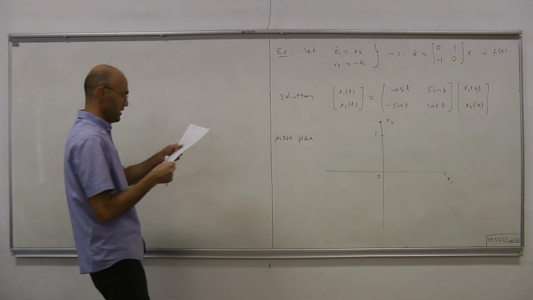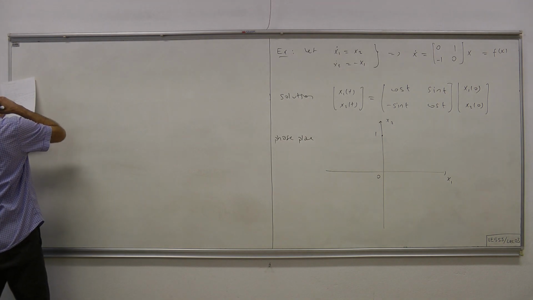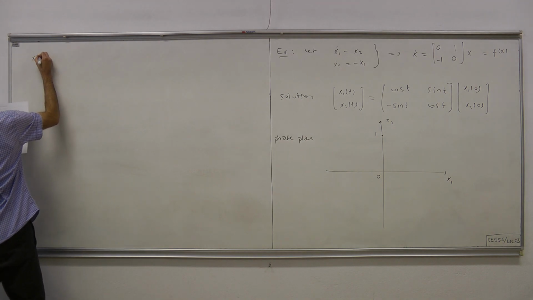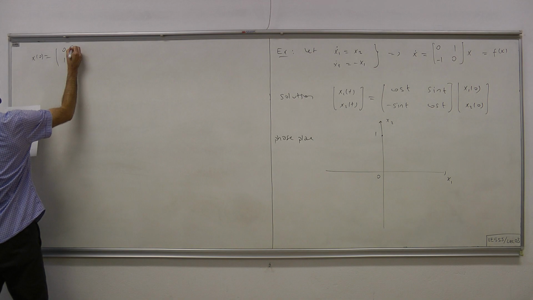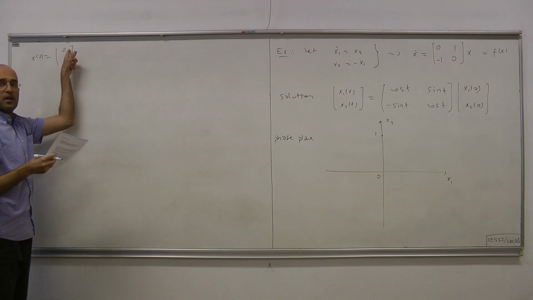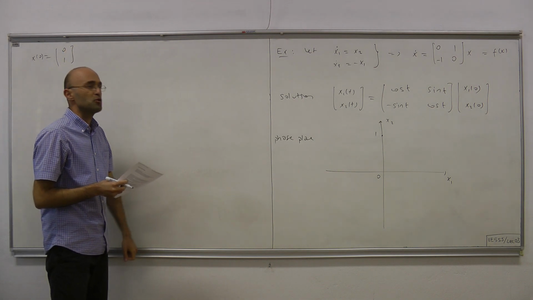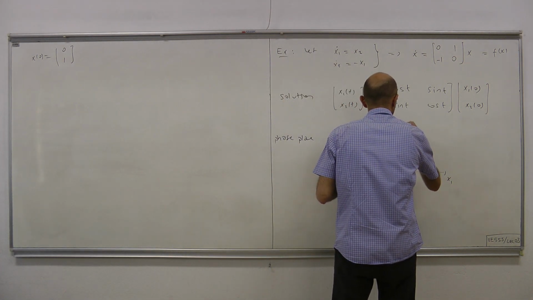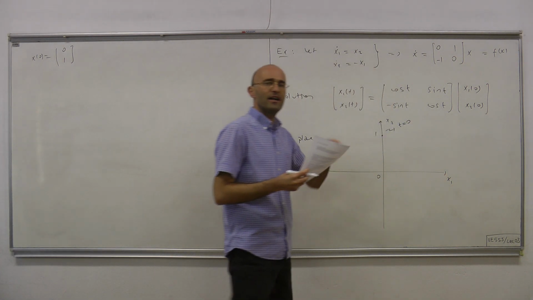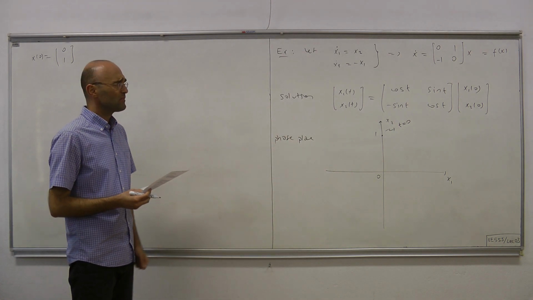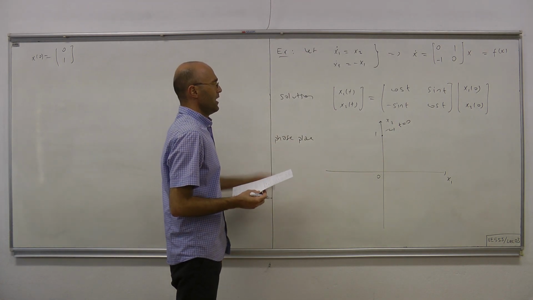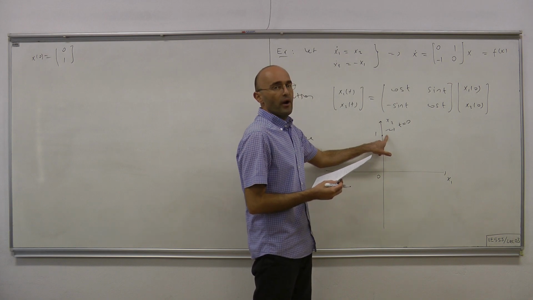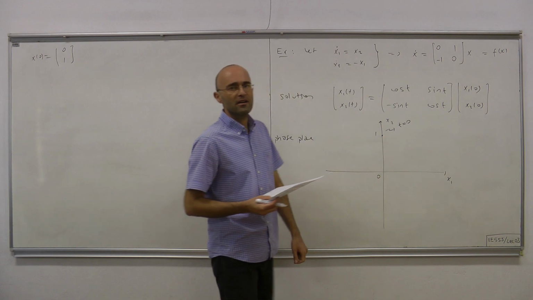So that's our starting point. Therefore, the initial condition is 0, 1: x1 of 0 is 0 and x2 of 0 is 1. That's where we are at t equals 0. And then we start the clock, time starts running, and this point will start moving somewhere.